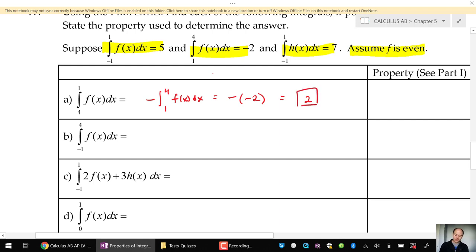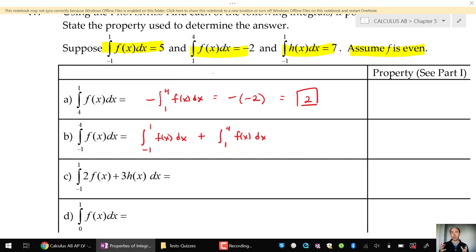Let's look at letter B, the integral from -1 to 4 of f. Well, I see that f from -1 to 1 is a given statement, so -1 to 1 of f of x. That's listed right there. And then I could add to that the integral from 1 to 4 of f of x dx. So what I've essentially done is I have the area in a first interval, added that to the area in the second interval, and so together that will equal the sum of both areas from -1 to 4.